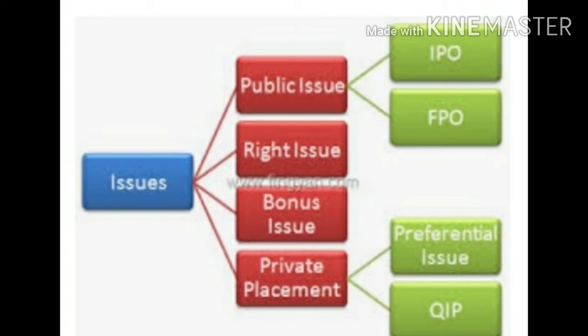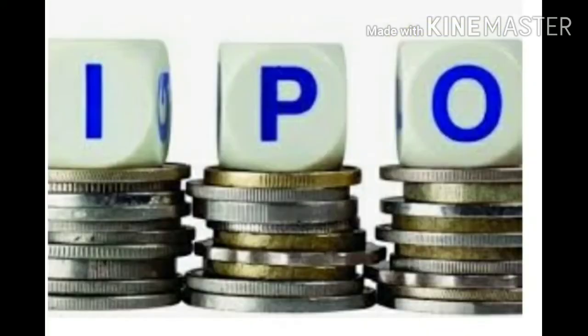IPO refers to an offer of securities by an unlisted public company to the public for the first time. It is very risky for the investor, as he cannot predict the company's performance. And now next, 2.